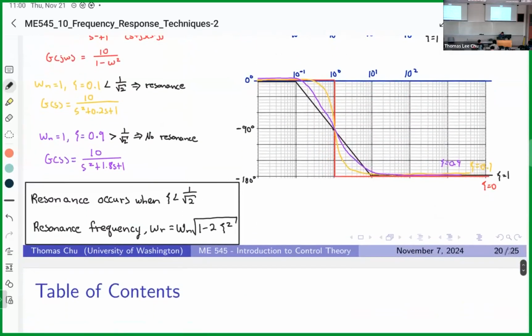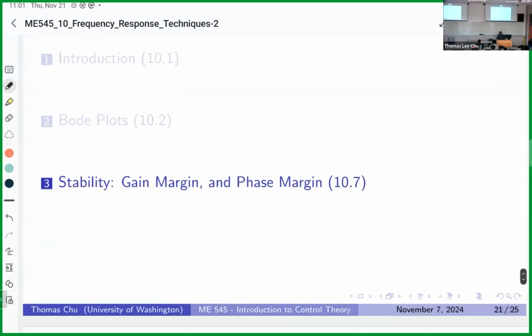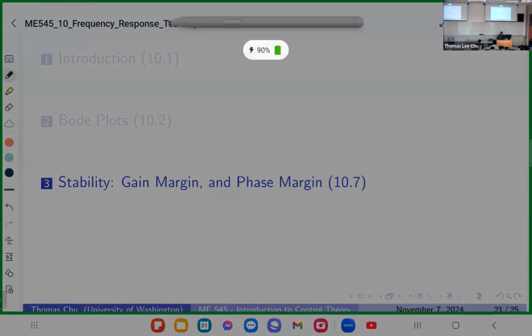All right, so we're almost done with this. We only got 5 pages left. I'm going to just talk about gain margin and phase margin, which is determining stability with Bode plots. So you can look at system stability when you look at the gain and phase margin.